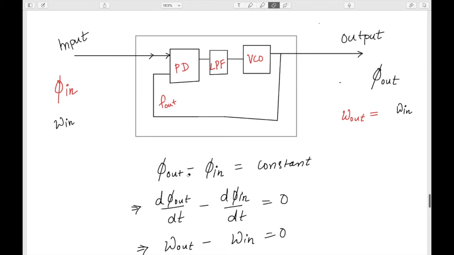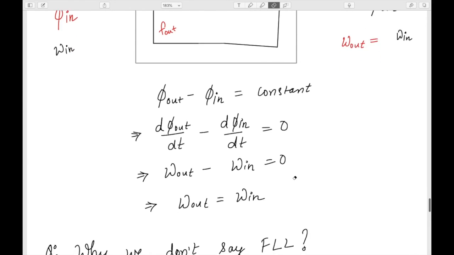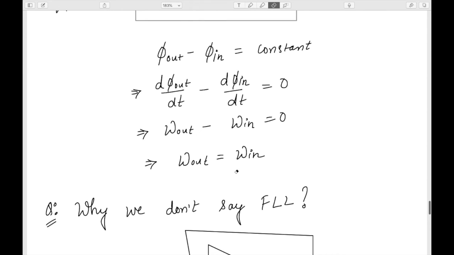But here, if we are trying to see the difference between the two phases, you can see that even if there is an error in the comparison of the two, as long as phi out minus phi in is constant, then we know that the omegas are the same, the frequency itself.